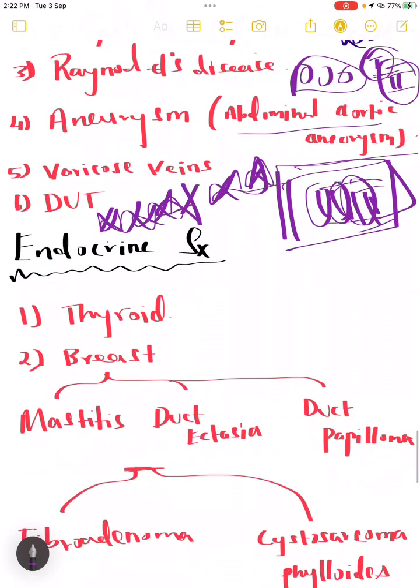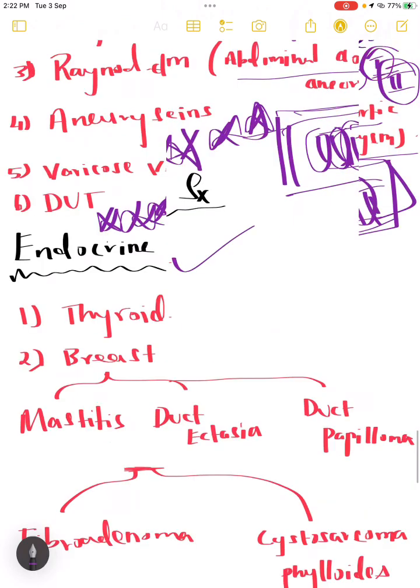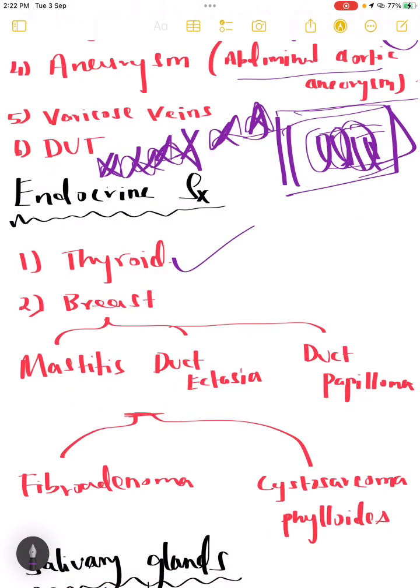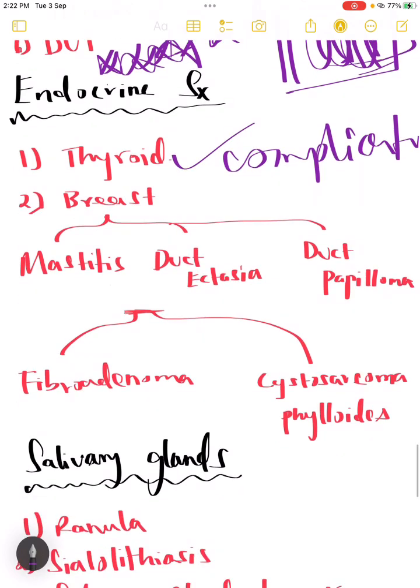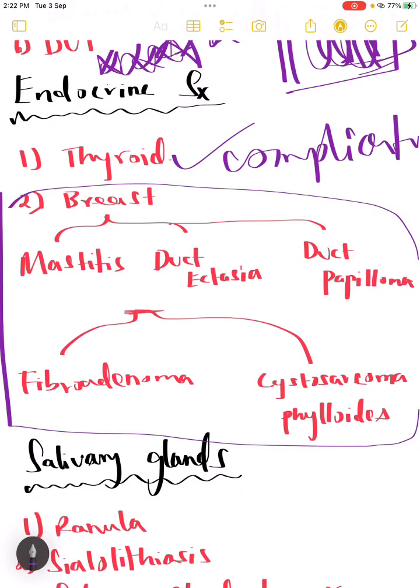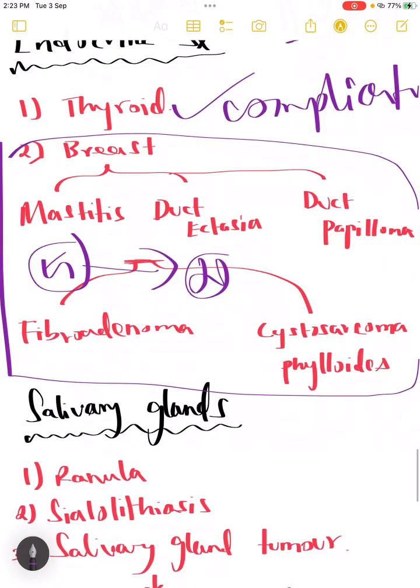Okay, then endocrine surgery: definitely thyroid surgery complications. So study about the complications of thyroid surgery. Then from breast, in these 5 topics, definitely 2 questions will be there.